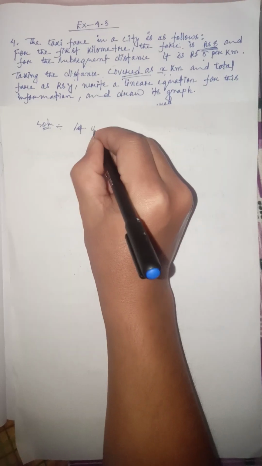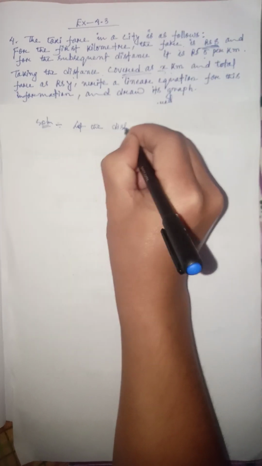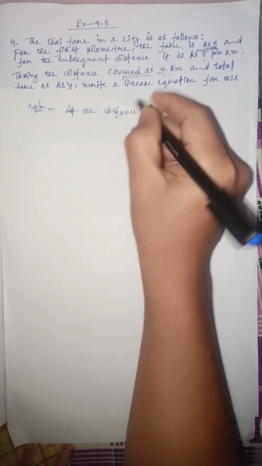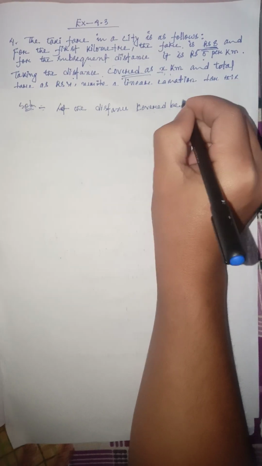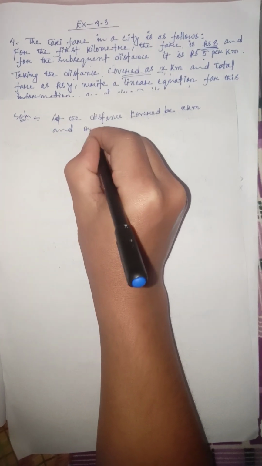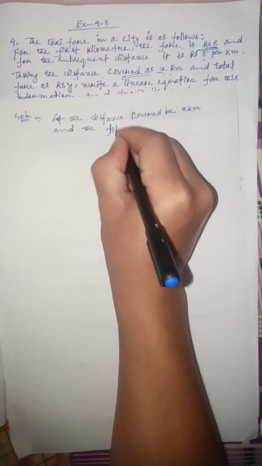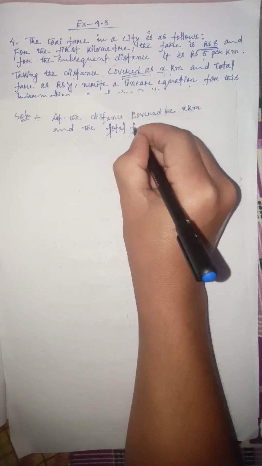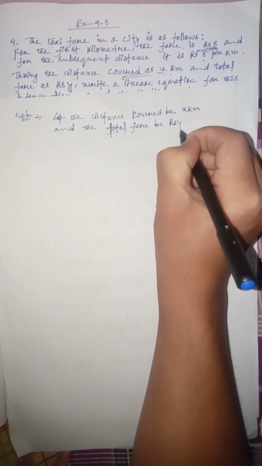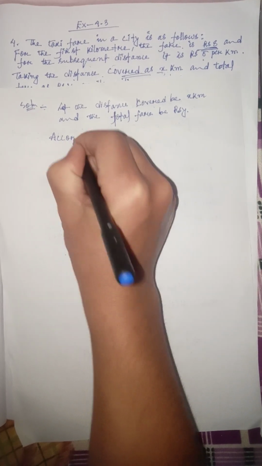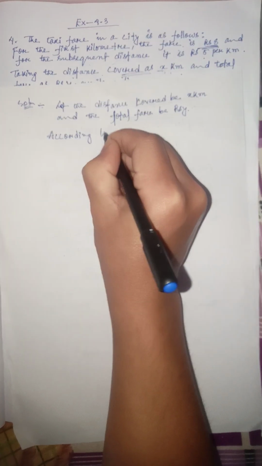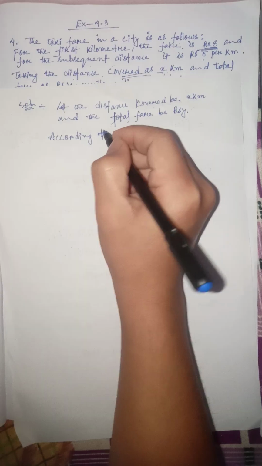Let the distance covered be x kilometer, and the total fare be rupees y, right? Now, whatever we understood from this question, let us use that to form a linear equation in two variables.